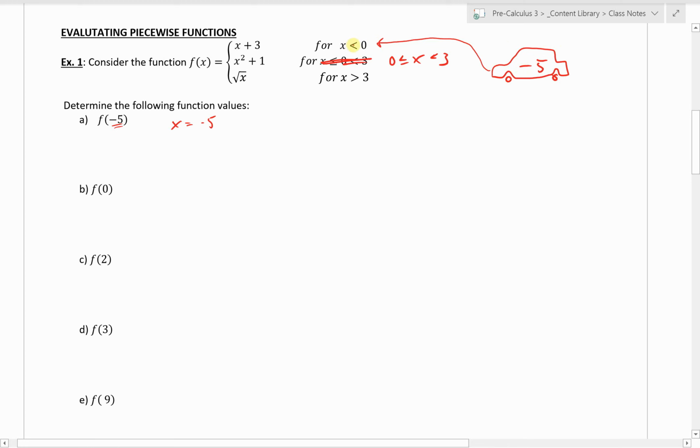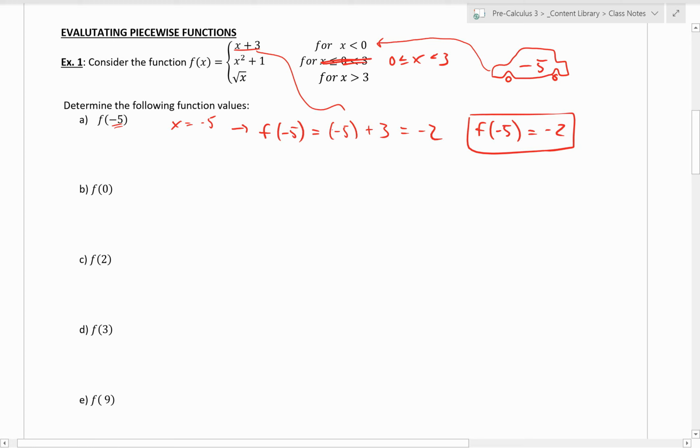So -5 has to drive through this lane and go into the x plus 3 function. So when we evaluate f of -5, we're going to evaluate it in the x plus 3 function. So we'll do -5 plus 3. -5 plus 3 is -2. So this means we know that f of -5 is -2.